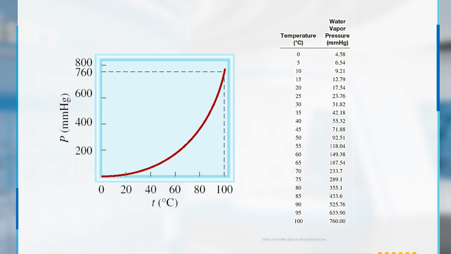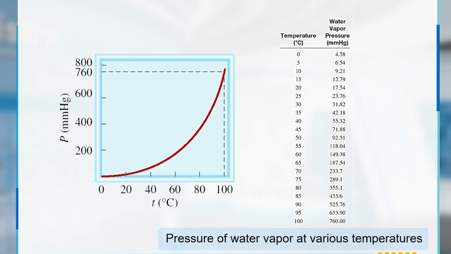The saturated vapor pressure depends on the temperature change. Basically, from 0 to 100 degrees Celsius, the water vapor pressure increases, which correlates with the ideal gas law, since n and V are constant.